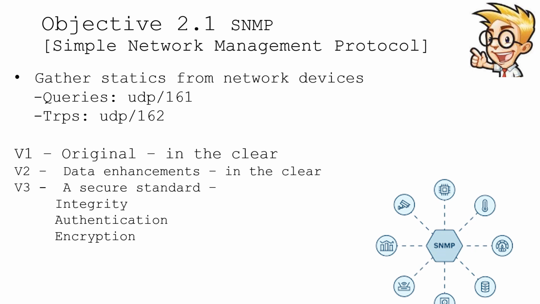It uses UDP over port 162. There are different versions. Version 1 was in the clear and the structure of data wasn't as complex. Version 2 has a lot of data enhancements and different tables, but it's still in the clear. Version 3 was a much more secure standard with authentication and data integrity with encryption.